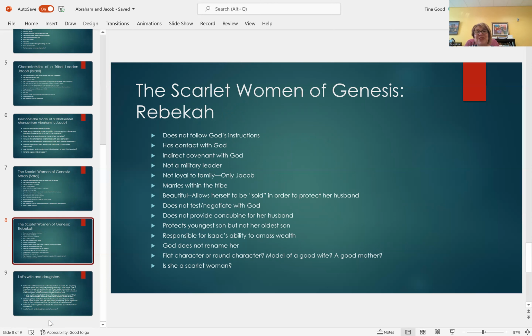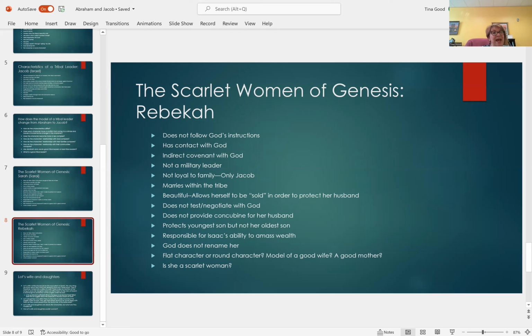She is the grandmother of Israel, but is she a scarlet woman? She also allows herself to be sold in order to protect her husband, right? So comparing Rebecca to Sarah, is Rebecca a model of a good wife, a model of a good mother? Is she a scarlet woman?